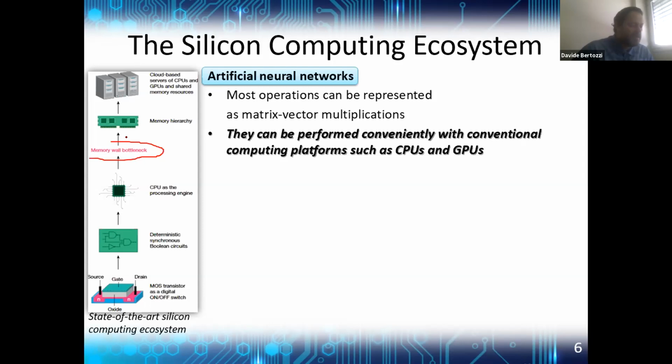In spite of this bottleneck, silicon computing platforms such as CPUs and GPUs have been enabling factors in the current deep learning revolution. In fact, in an artificial neural network, most operations can be represented as matrix vector multiplications. Therefore, they can be performed conveniently with conventional computing platforms such as CPUs and GPUs. Even better if assisted by some coprocessors specialized for this kind of computations.